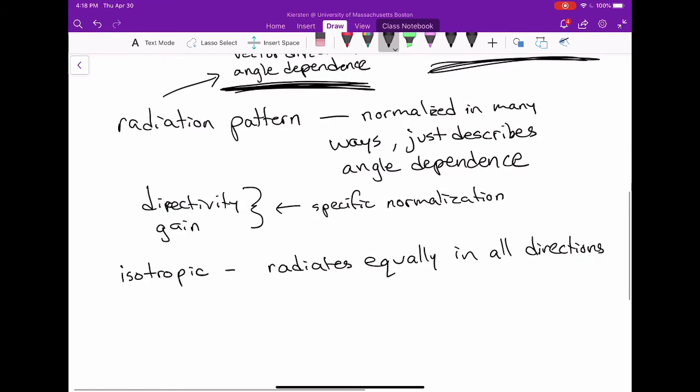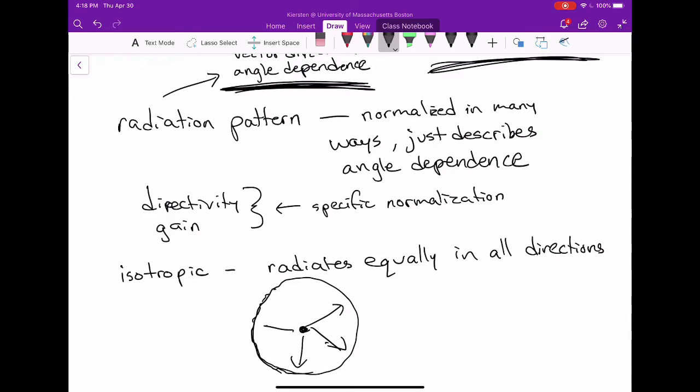If you have some source that is an isotropic source, that means that its radiation power density is the same along every angle, so it's shaped like a sphere. The radiation pattern is a sphere.